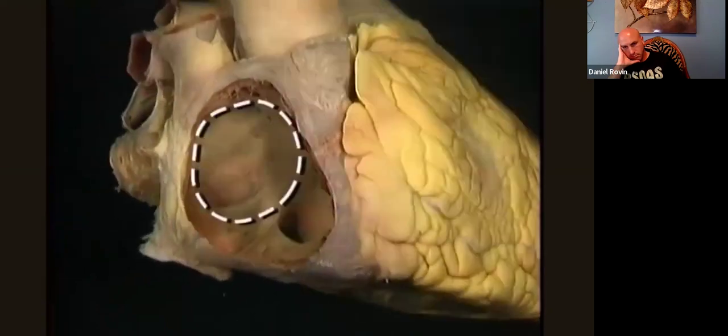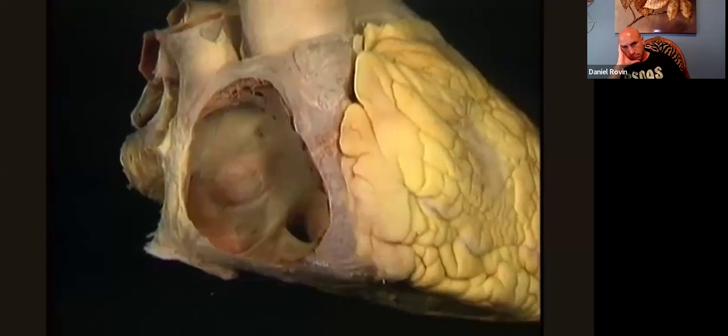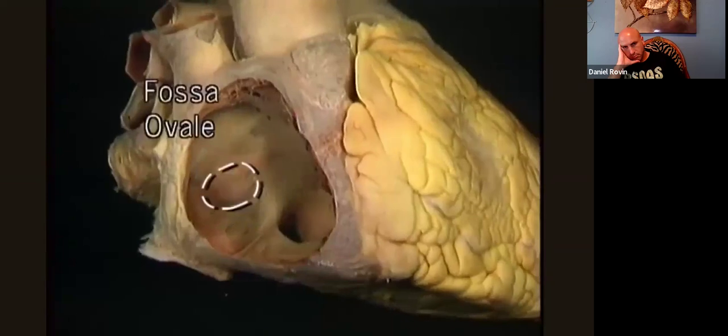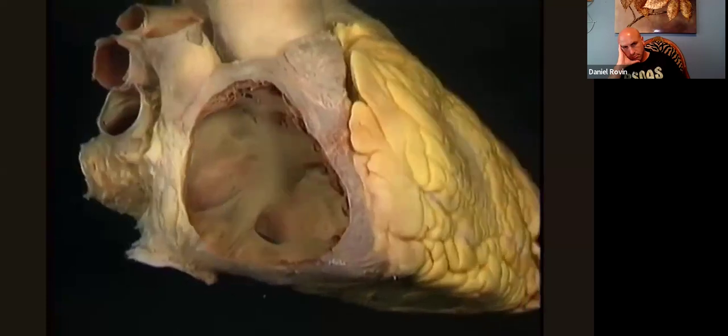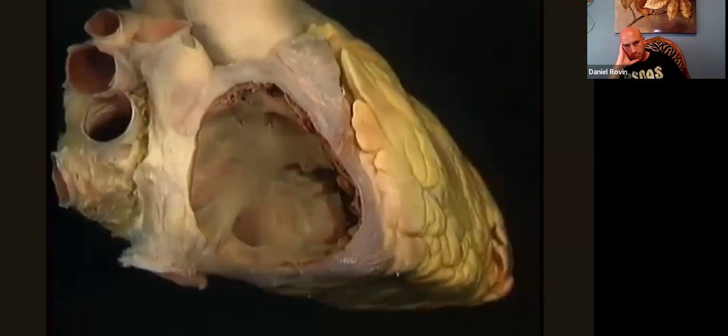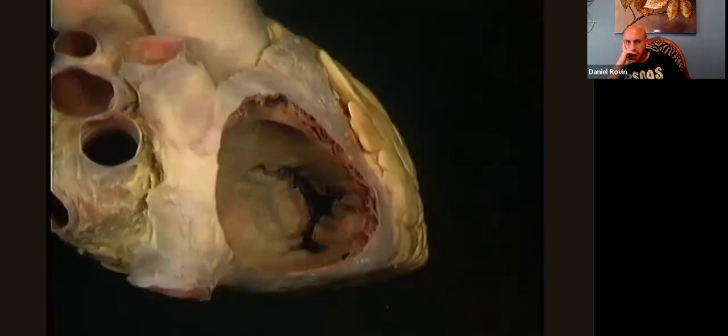This is the part of the atrial wall that's shared with the left atrium, the interatrial septum. This thin oval patch in the septum is the fossa ovale, the remnant of the foramen ovale that connected the two atria in intrauterine life. Here we're looking forwards into the tricuspid valve. We'll see more of it when we look at the right ventricle.